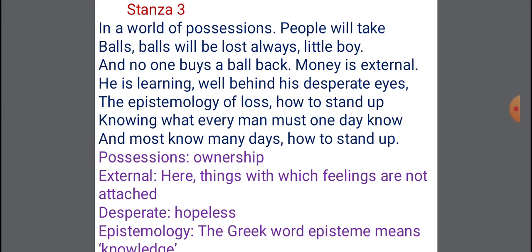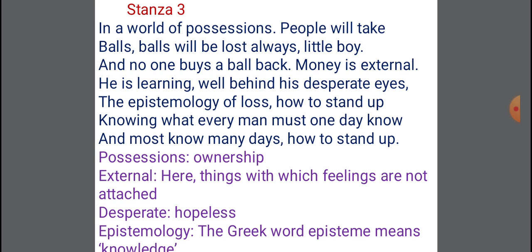So he says that the boy is learning how to stand up against the sense of lost things. This means that the boy is trying to learn the real truth of life, which states that you have to accept the miseries of life and stand up again. This is the truth which everyone has to learn in his or her life.